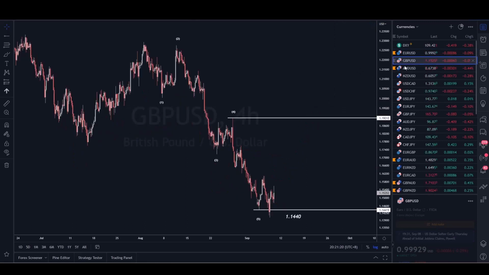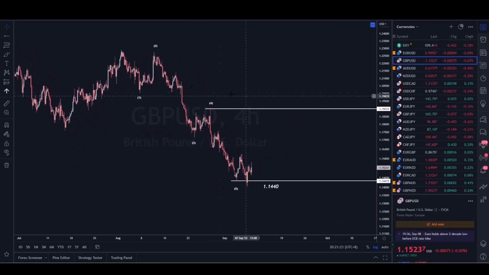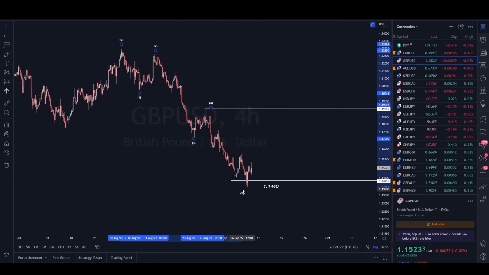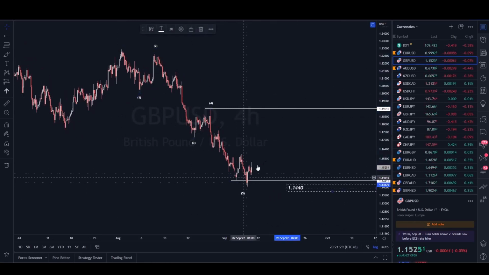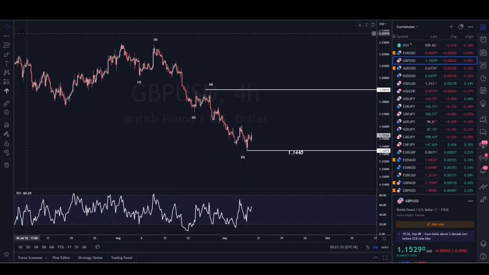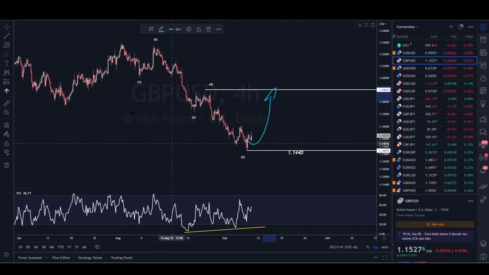Pound dollar over here. From an Elliott wave perspective, 1, 2, 3, 4, 5. There's a good possibility we have already seen a lack of momentum, so we have a very obvious divergence build up. What does this mean? It suggests that a potential reversal is likely going to start soon.